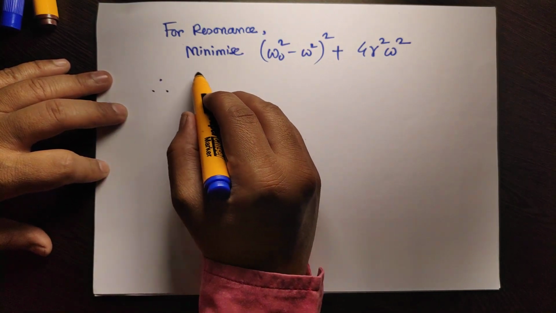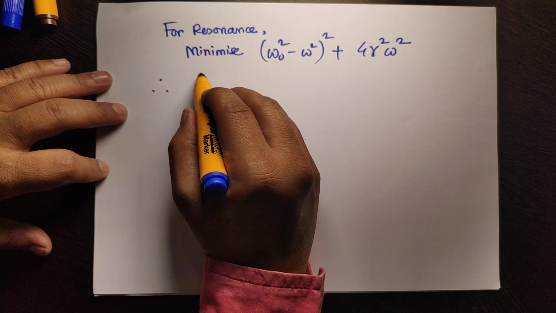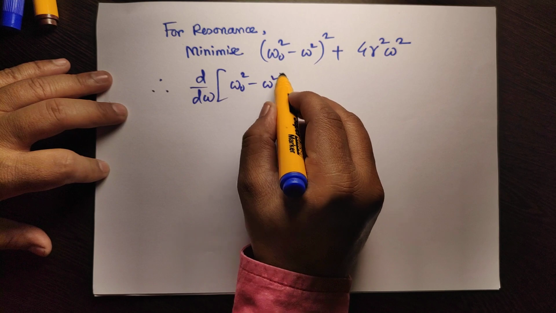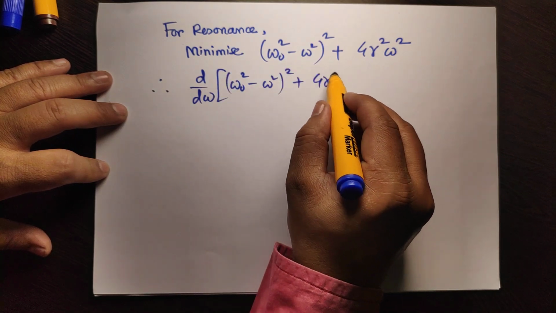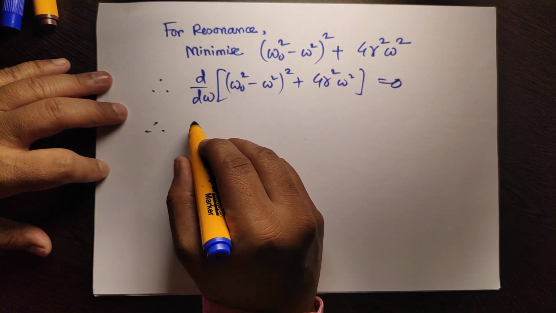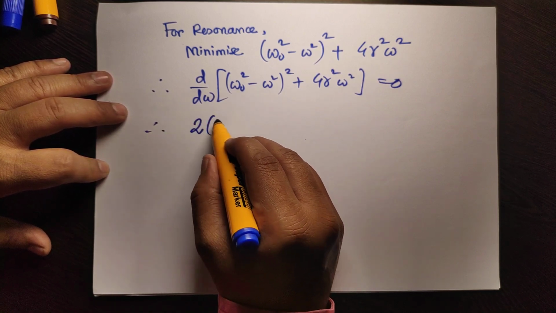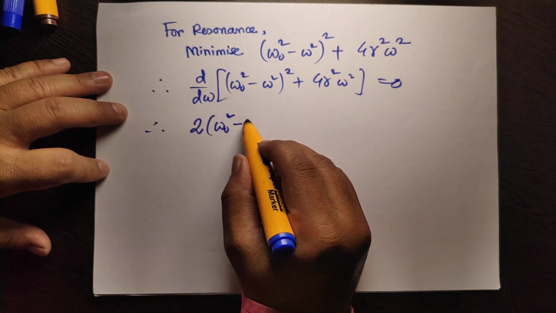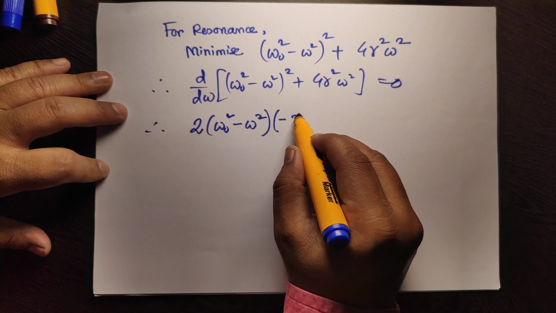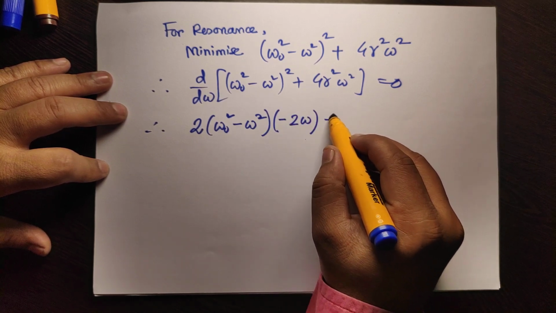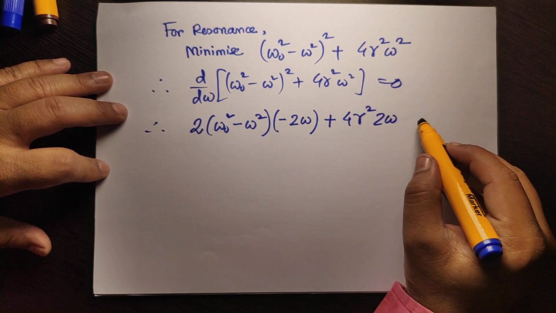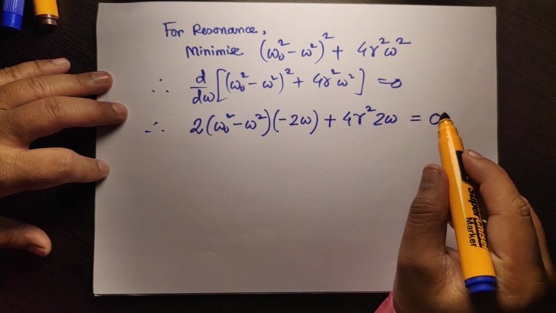Therefore, differentiate it with respect to omega to get 0. Therefore, that will be twice omega naught square minus omega square into how much? Minus 2 omega, right? Plus 4 gamma square 2 omega is equal to 0.